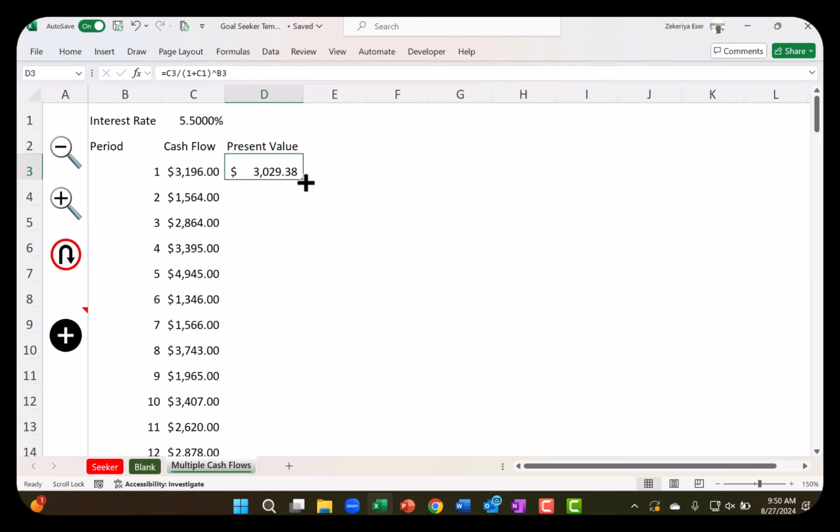Go to the southeast corner and do autofill, which is equivalent to copying this cell and pasting it all the way down.